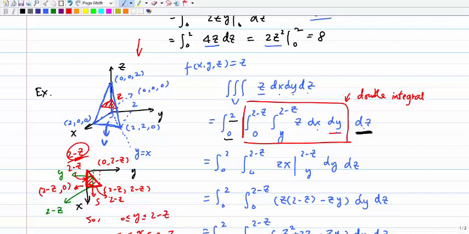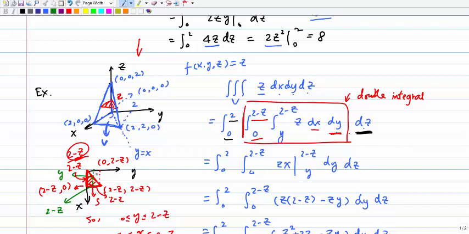If I give you this area, now we can figure out the lower bound and upper bound for x and y. Let's start with y. y can move from this line up to this line, so y is from 0 to 2 minus z. Now what is x?